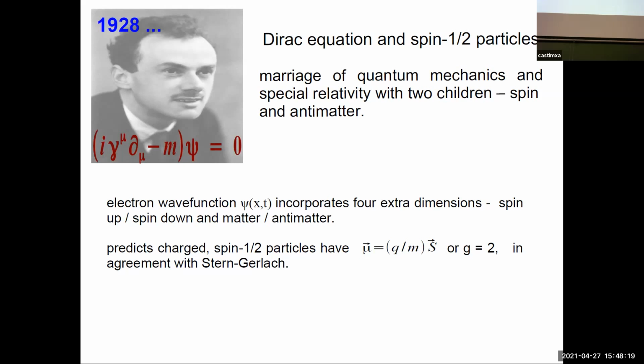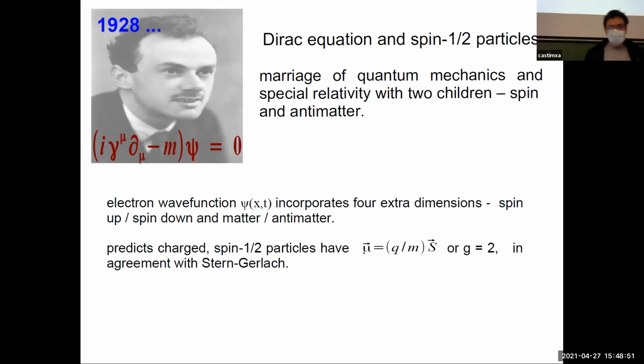You know the wave function from Schrodinger's equation. And in Schrodinger's equation, the wave function depends on position and time. And if you square it, you get the probability of finding the particle as a function of position and time. The wave function in the Dirac equation has 4 extra dimensions. And that just came out of joining together special relativity and quantum mechanics.